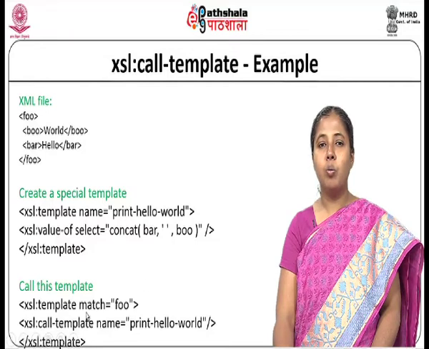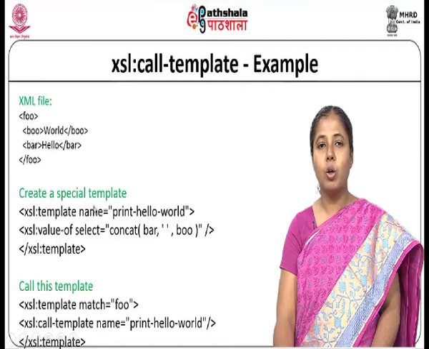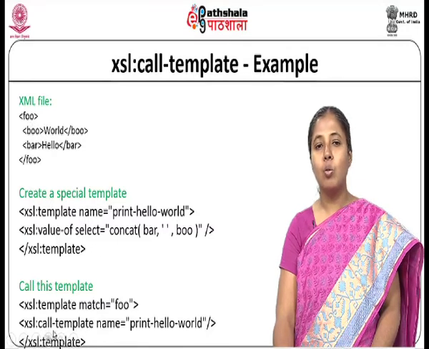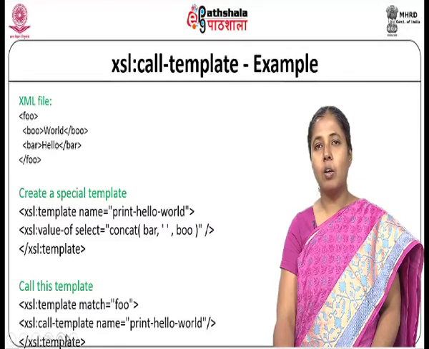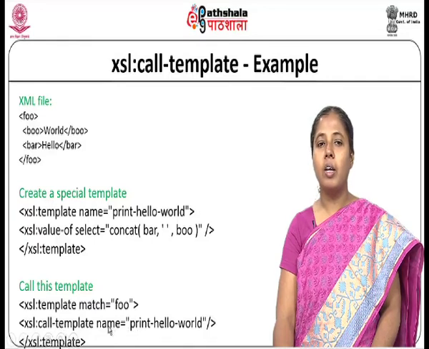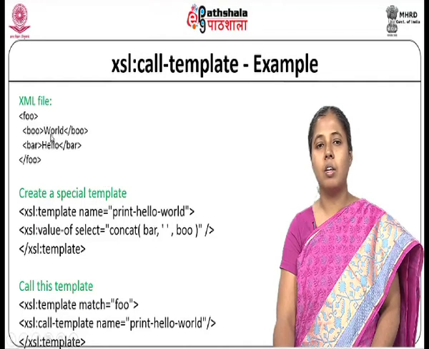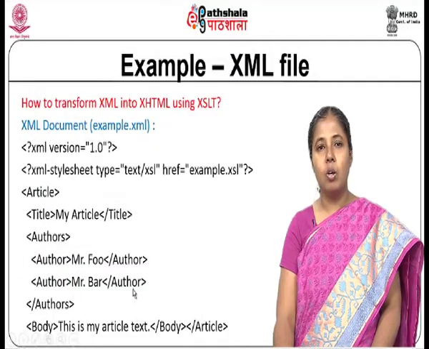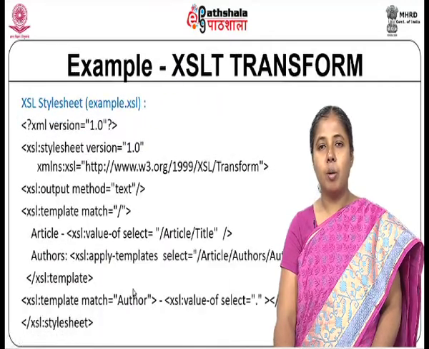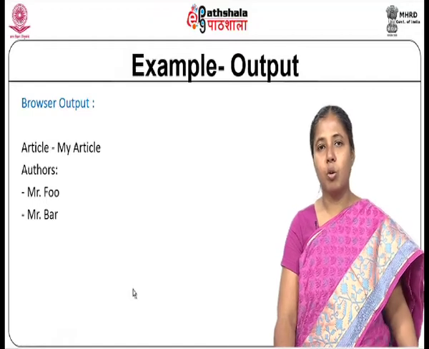Now, when the element matches FOO, which is the root element, you want to apply this template. So, use call-template, giving the name of the template as print-hello-world, which prints the text hello world, because you have concatenated hello and then world. This is an example of XSLT, and the output is also given.